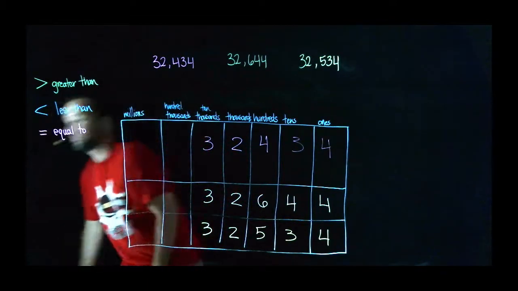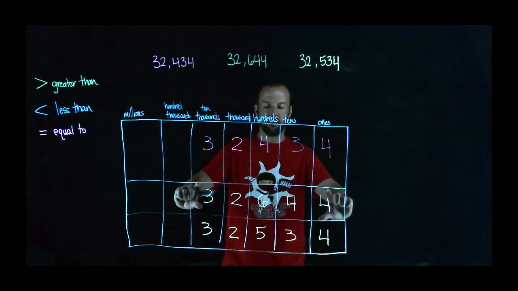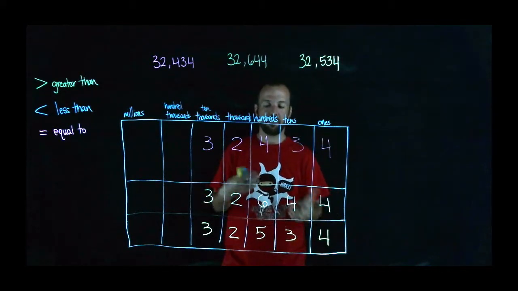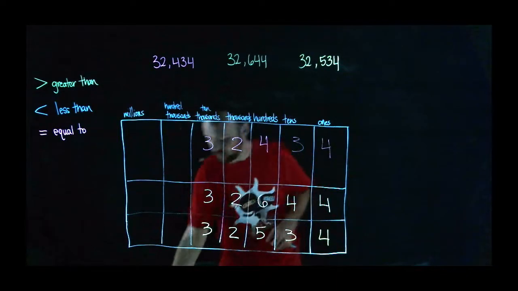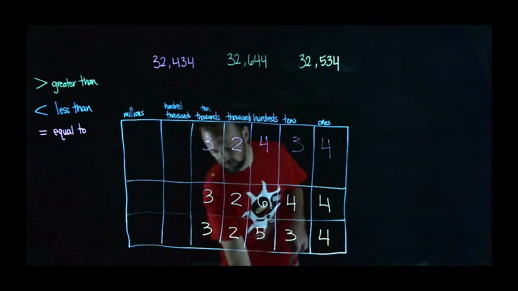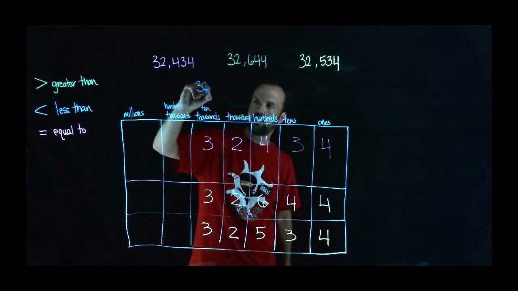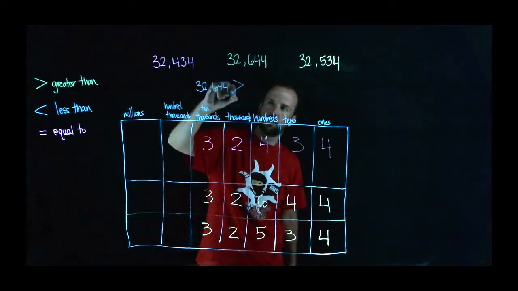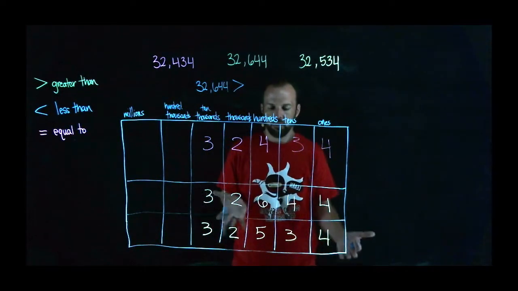Okay, here we go. So 6 is the greatest digit, meaning that this number is the greatest number, 32,644. Excellent. So we can compare these numbers still. And if I was going to write this as a number sentence, I would probably start by saying 32,644 is greater than, well, let's see which number is going to come next.